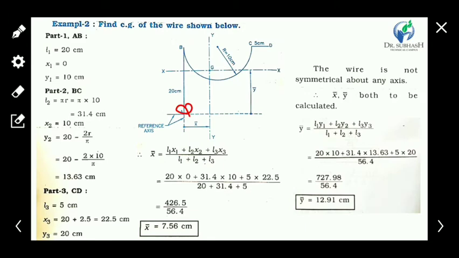According to the reference point, the CG is horizontally 7.5 centimeter away, and the vertical distance of the CG from the reference point is 12.91. So we get the CG of this composite wire diagram.